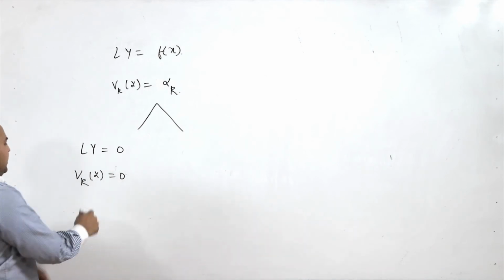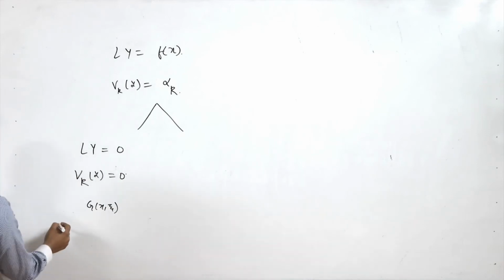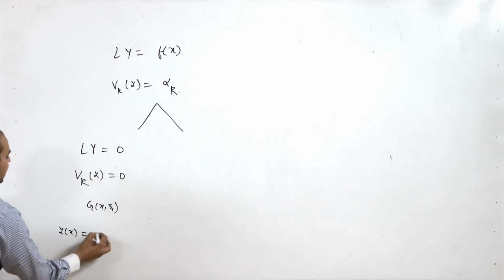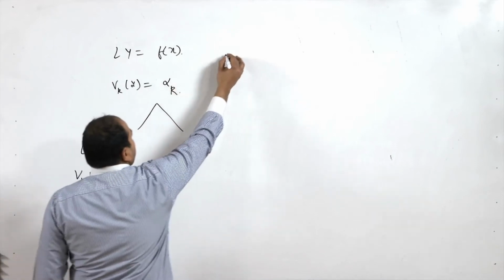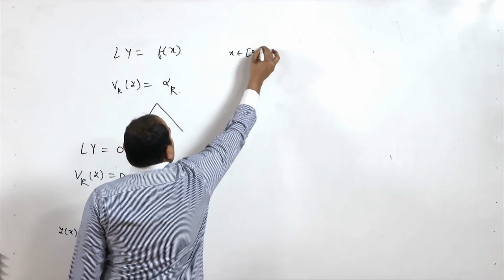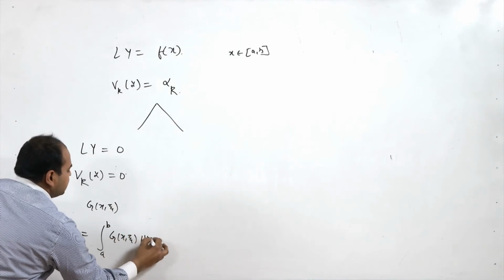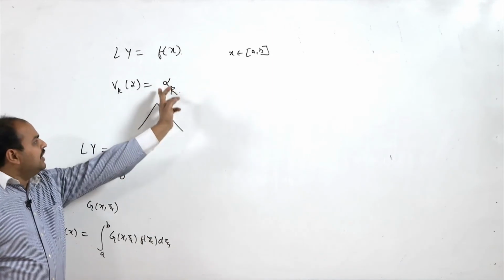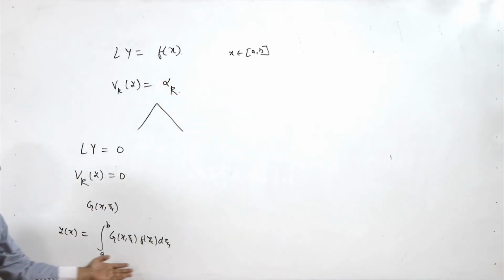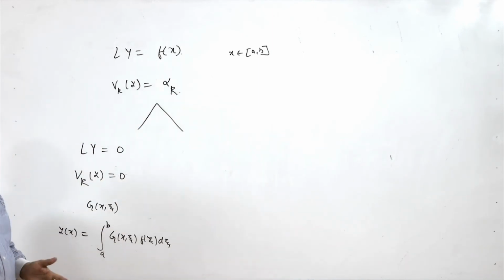We say that for this we have a Green's function g of x, xi, and we can find the solution of the corresponding boundary value problem as y of x equal to the integral from a to b, assuming x lies between a and b, of g of x, xi, f of xi d xi. If alpha k is all 0, your solution is given in this particular form. But suppose alpha k is non-zero, then what to do?